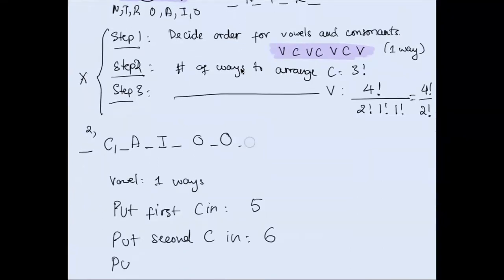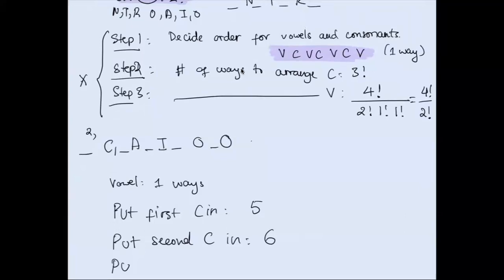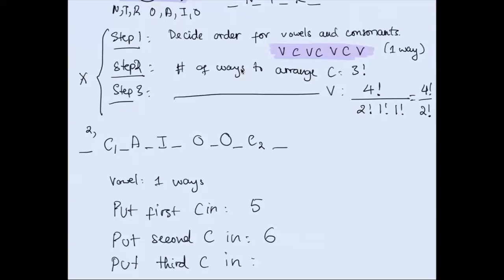And let's say after we put the second consonant in, let's say I put it here, for example, I will put the third consonant in, which is also the last one. I will see how many possible positions I can put the third one in. Now I will have 1, 2, 3, 4, 5, 6, 7.